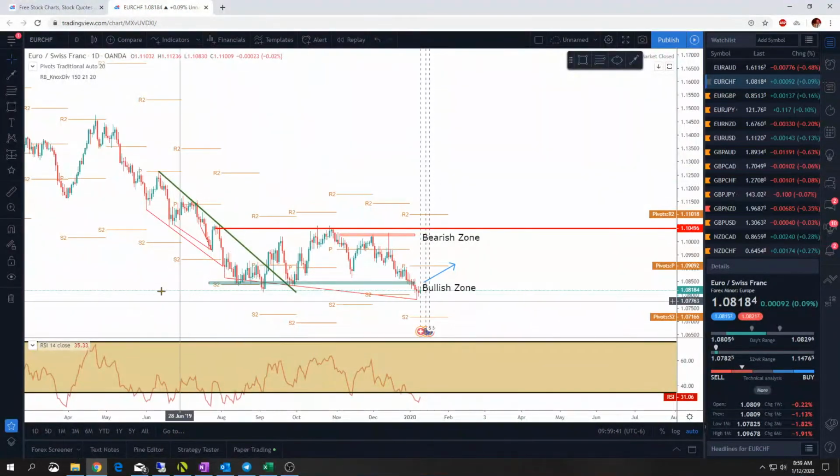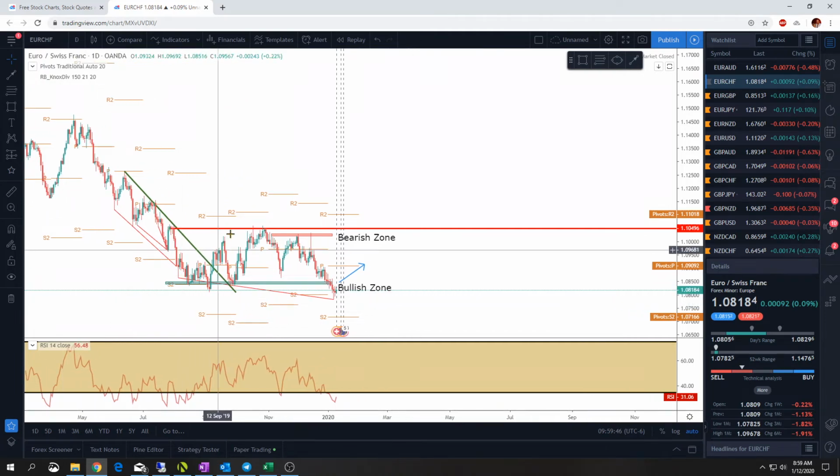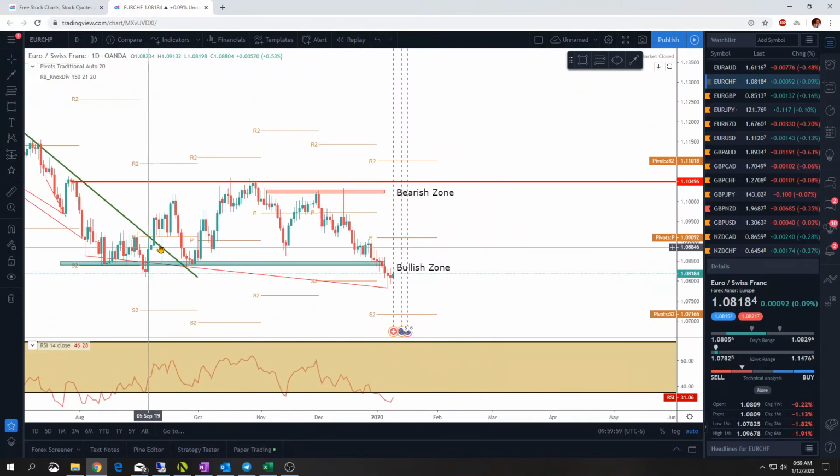Euro Swiss franc. All right, so we've been identifying this channel for some time, and last week we got a break of this channel. As you can see, I was looking for a bounce off. Here's what we do have, though. Let's get some of this former noise out of here.